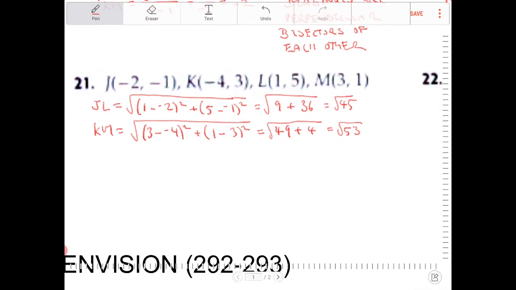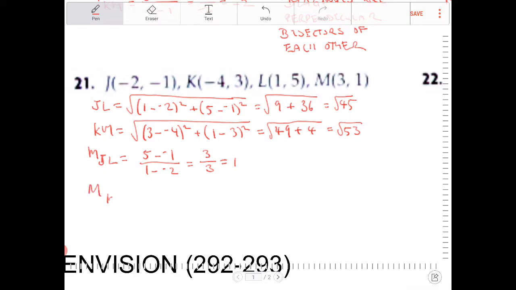So again, it's not going to be a rectangle or a square. Let's see if it is a rhombus. So slope of KM, or JL, is equal to 5 minus negative 1 over 1 minus negative 2, is 3 over 3, which is equal to 1.